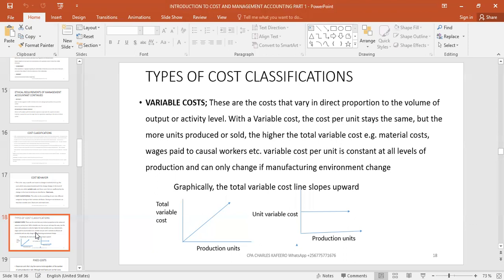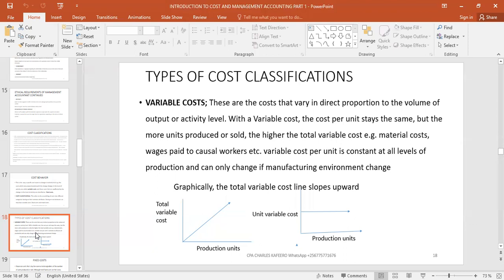Variable cost per unit is constant at all levels of production and can only change if the manufacturing environment changes. You may be working in a normal situation whereby you've been producing 10,000 units, and they have been paying you using piece rate, as we shall see when we go to labor costing.